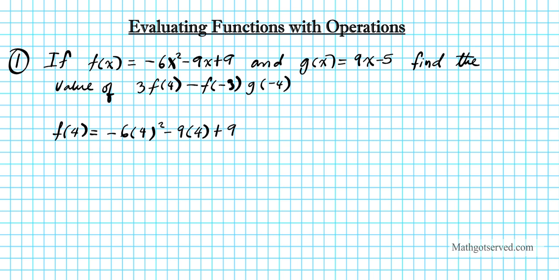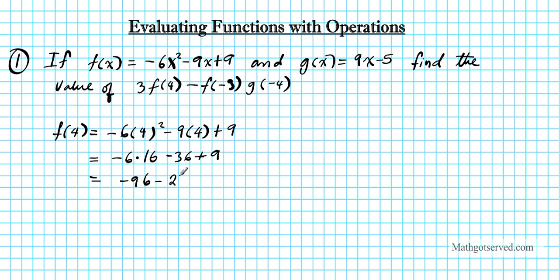Okay? Evaluating this using the order of operations, we're going to have negative 6 times 16, since 4 squared is 16, minus 9 times 4 is 36, so minus 36 plus 9. Negative 6 times 16 is negative 96, and then minus 36 plus 9 is going to be negative 27.